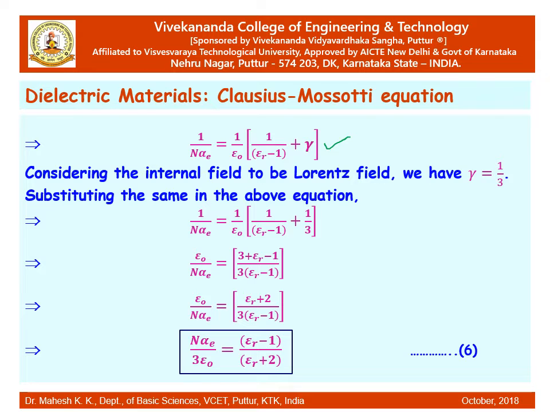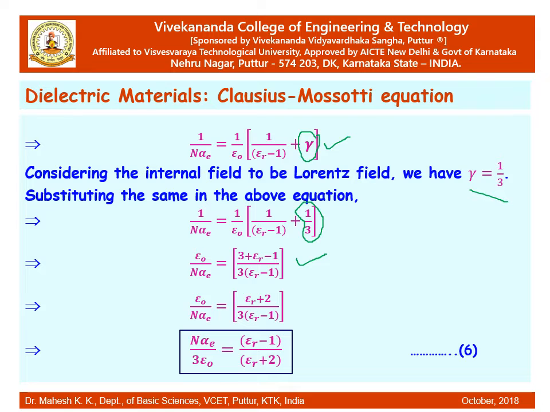Since we are explaining this for a Lorentz field, we can replace gamma by 1 over 3 in the equation. By rearranging, we get epsilon naught divided by n alpha_e is equal to [3 plus (epsilon r minus 1)] divided by 3 into (epsilon r minus 1).